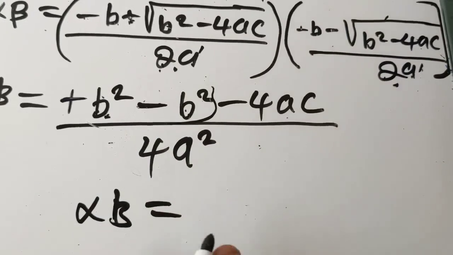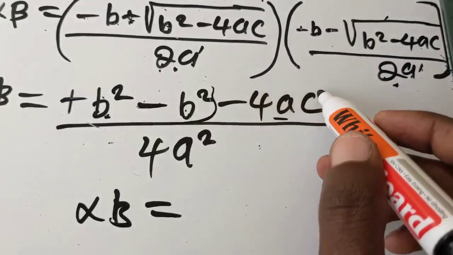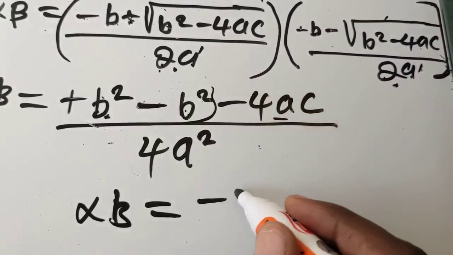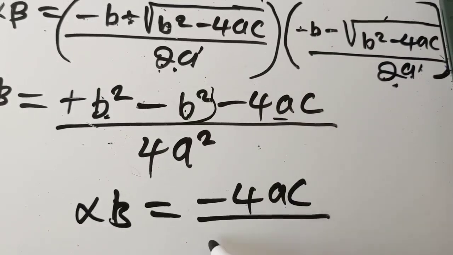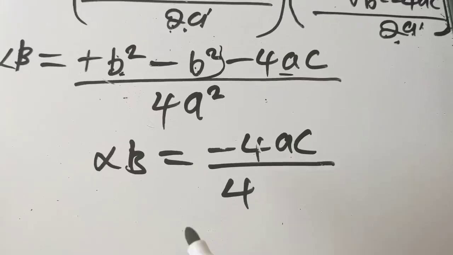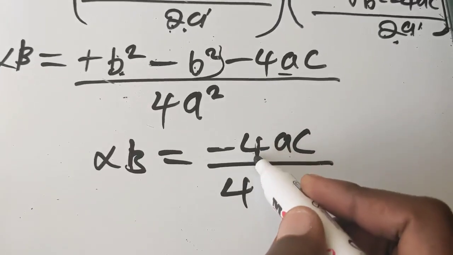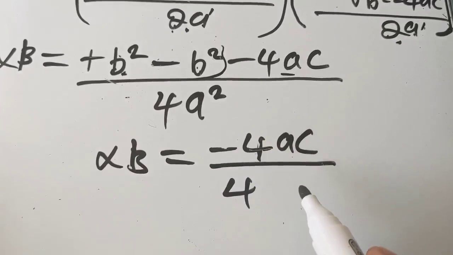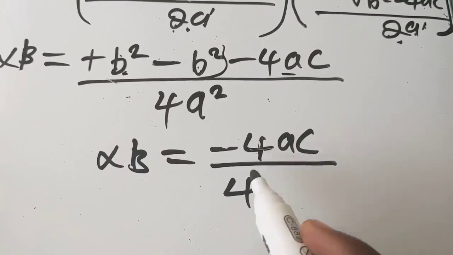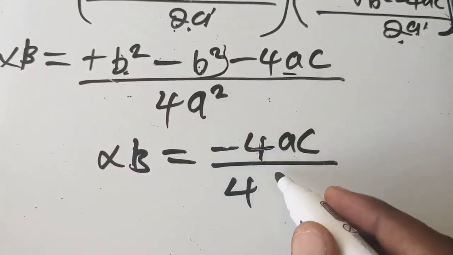So what has remained is this part here, negative 4ac over 4a squared.